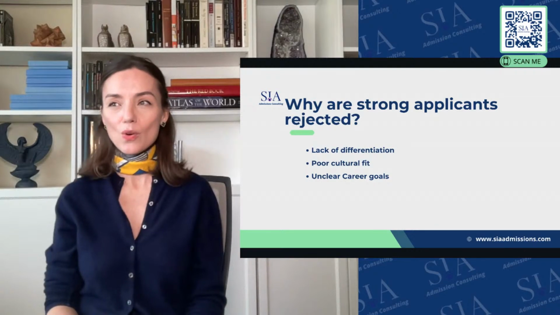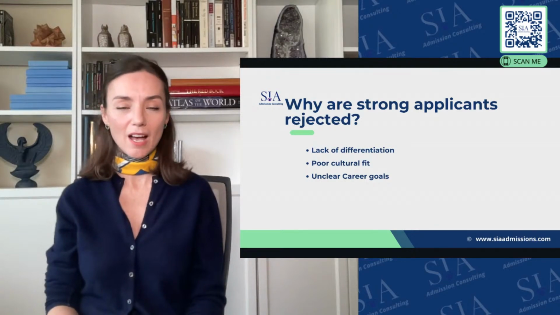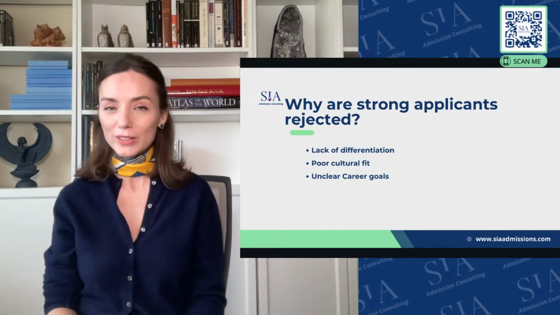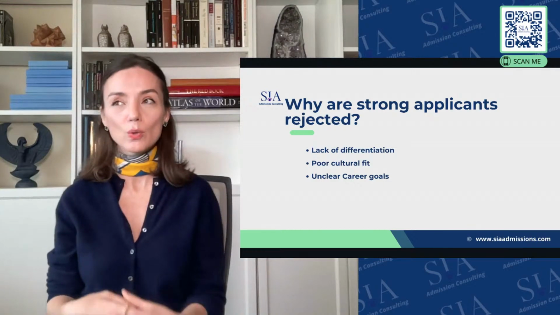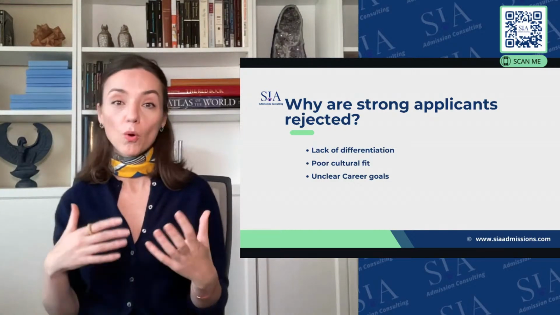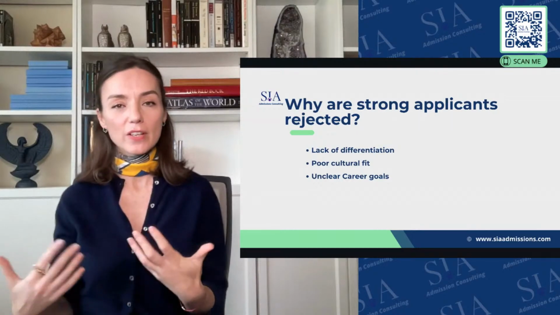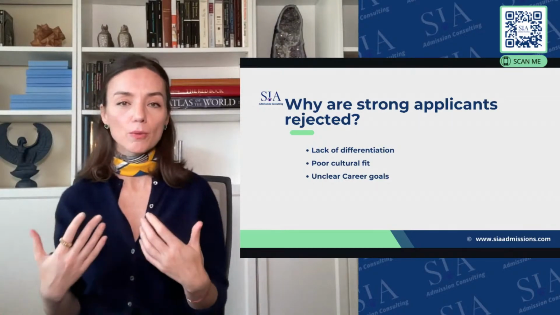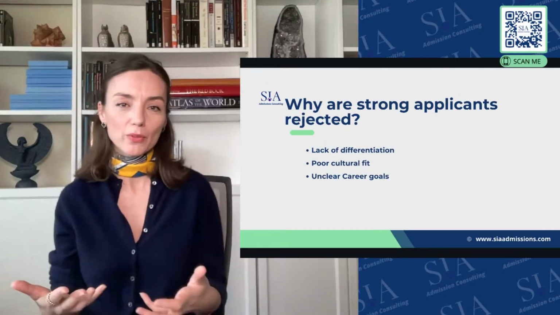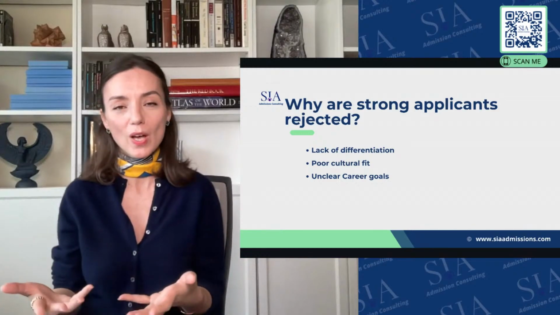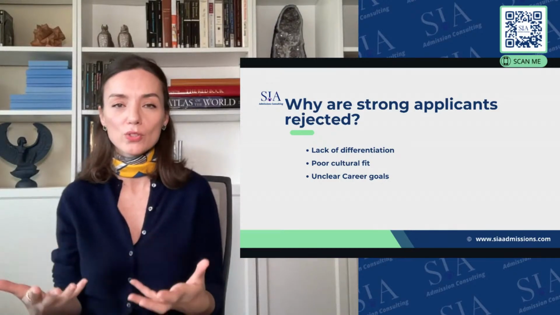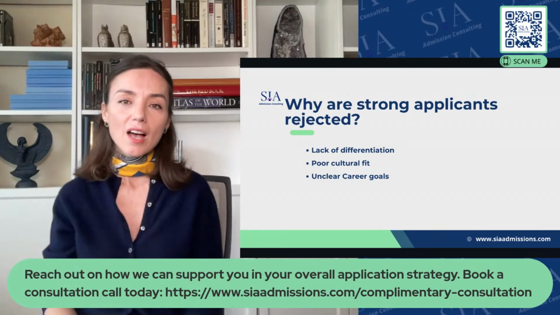However, they also want to know that you as an applicant have thought about what that career journey is going to look like. So if you are coming in with very vague or multi-layered goals, that to the admission team is very complex. And from their perspective, they won't be able to see how the school will be able to help you, or they will feel that your goals are not entirely clear.